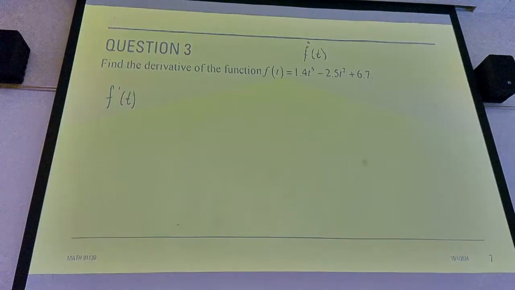It's the dot notation. It represents a derivative with respect to time. So if I use that, I'm referring to a derivative with respect to time. Very common notation in physics.